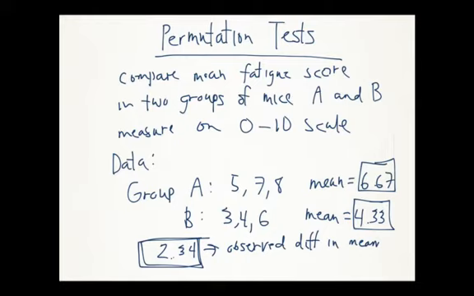Okay, so if we were going to go the t-test route, which is what we've learned up to now, we would start with the null hypothesis that the population mean in group A is equal to the mean in group B. And this assumes that the underlying distribution is normal, but again, we only have 3 mice in each of group A and group B, so it might be hard for us to justify the normality assumption.